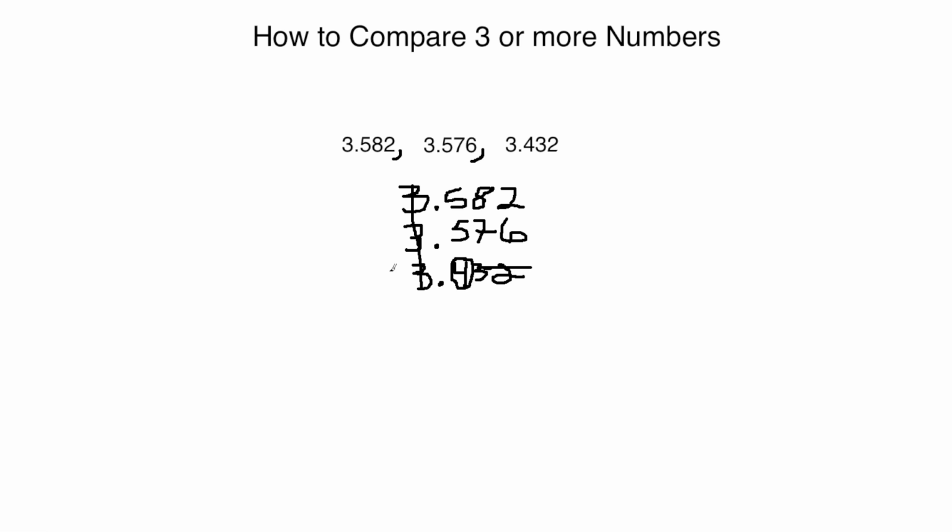So cross that out and put a 1 out here because this is the first number we're going to have to rearrange. These are both 5s, so now we cross them out. Now let's go to the next place value, which is the hundredths. All we have to compare is the 8 and the 7. Well, 7 is less than 8.